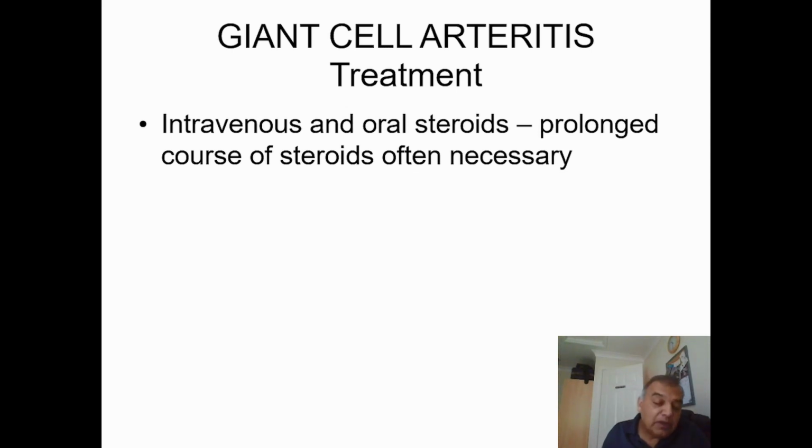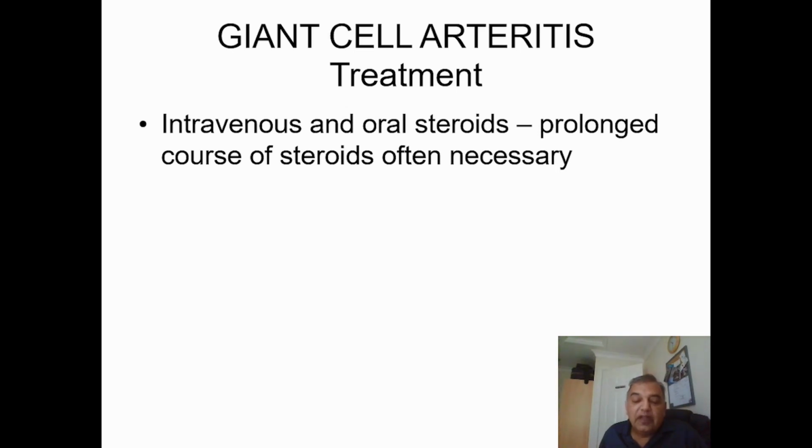There are a couple of clues in the history which might help you, and apart from the headaches, which are mostly around the temples, the patients might complain of tenderness over that region, and you can feel a thick and tender temporal artery. They can also have jaw claudication, so when they eat, there's a spasm in the muscles of the jaw because there is compromised circulation because of vasculitis, and they can develop claudication.